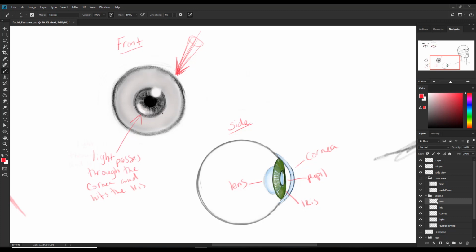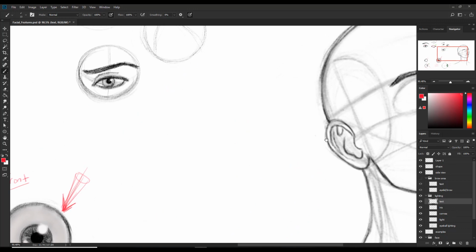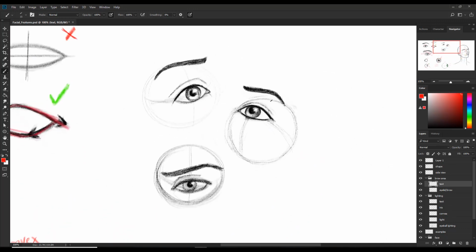Okay, so let's now look at some examples. So let's take all of this and apply it practically. You can practice this by drawing eyes on spheres within perspectives. Keep in mind these are meant to be quick practice sketches.